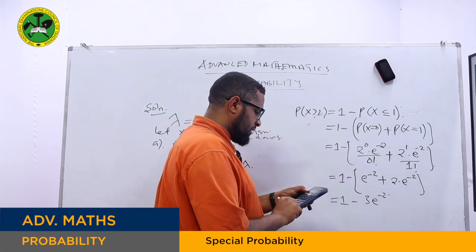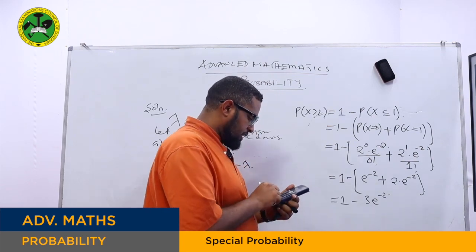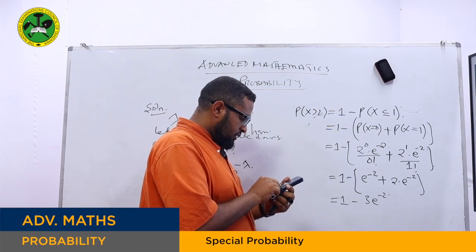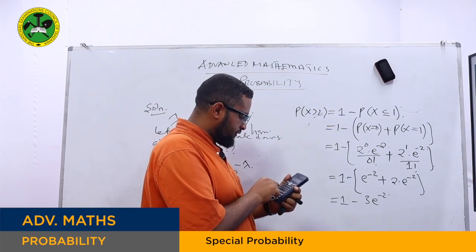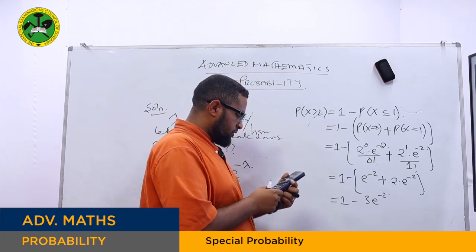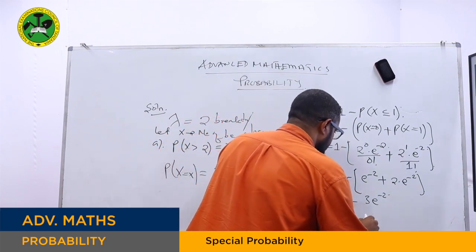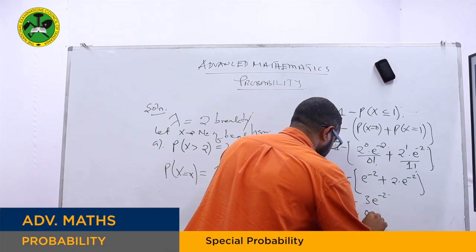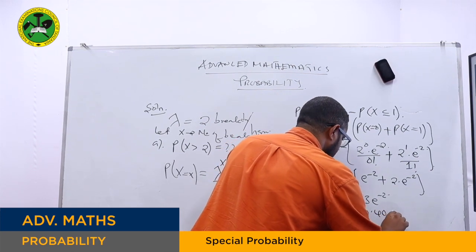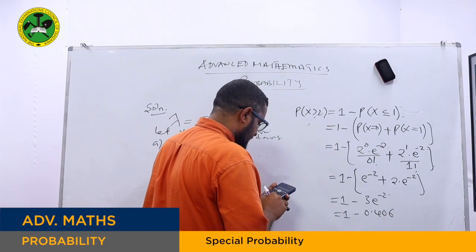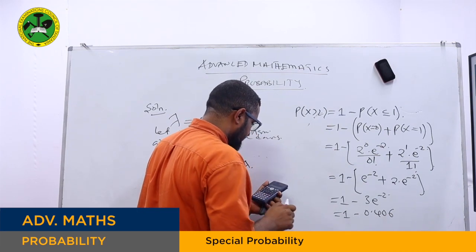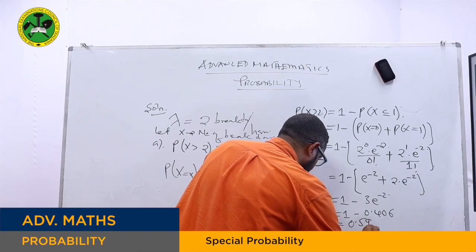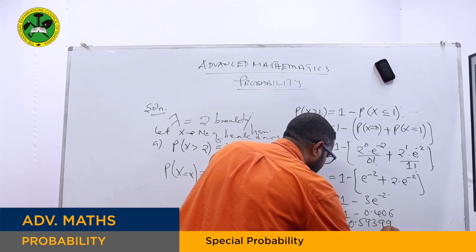Let's use a calculator. So it's 3 times e to the power of negative 2. And that gives us 0.406. So using the calculator again, 1 minus 0.406, it is 0.59399.